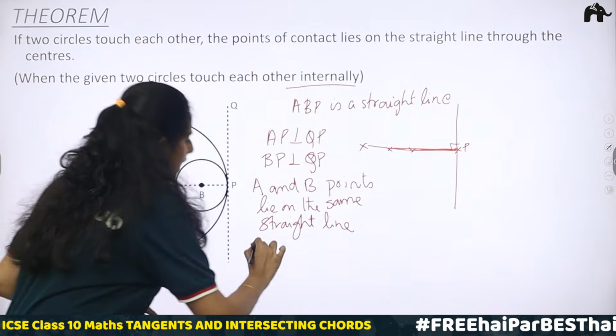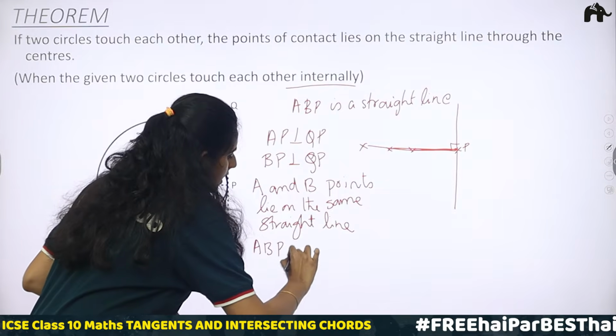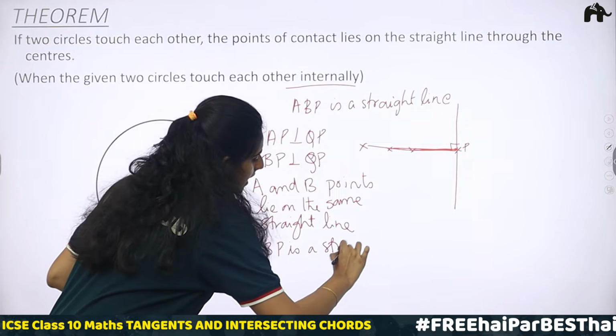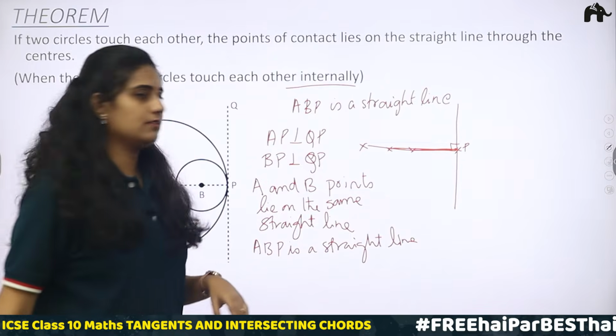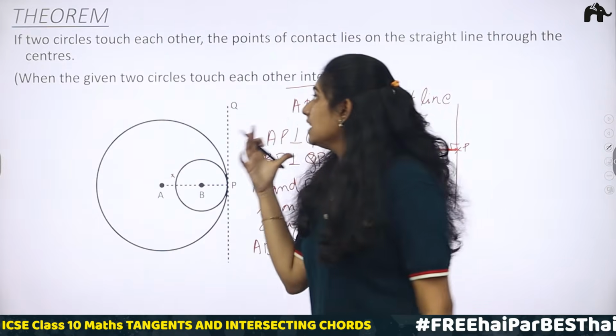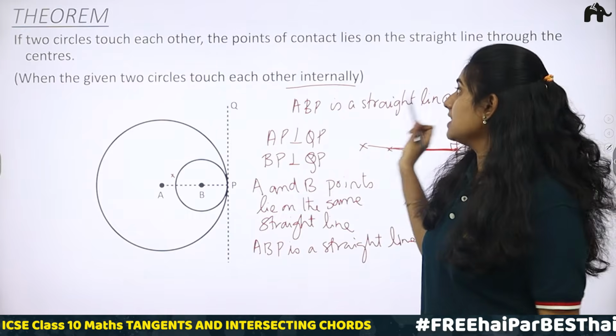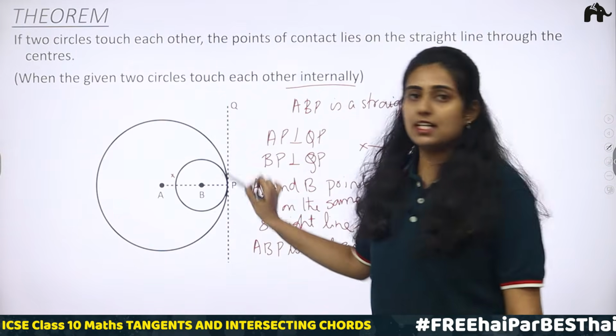Clear? Therefore, ABP is a straight line. So, we have taken the external circles case and they touch internal case.